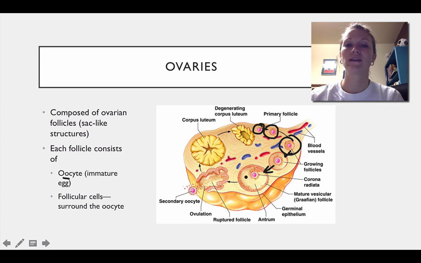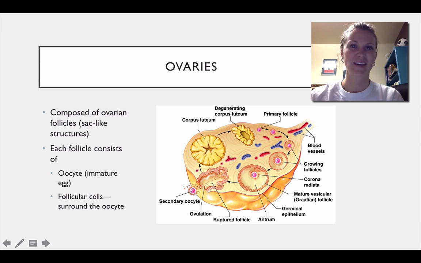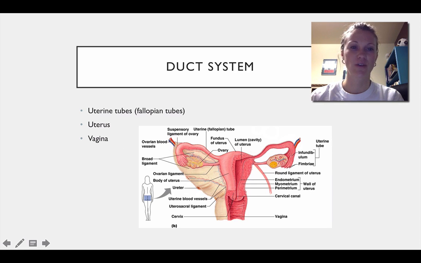They're going to grow, develop, and mature until ultimately you'll see an ovulation occur. Ovulation is when the egg is ruptured from the ovary and released into the uterine tube. That's the purpose of this diagram.